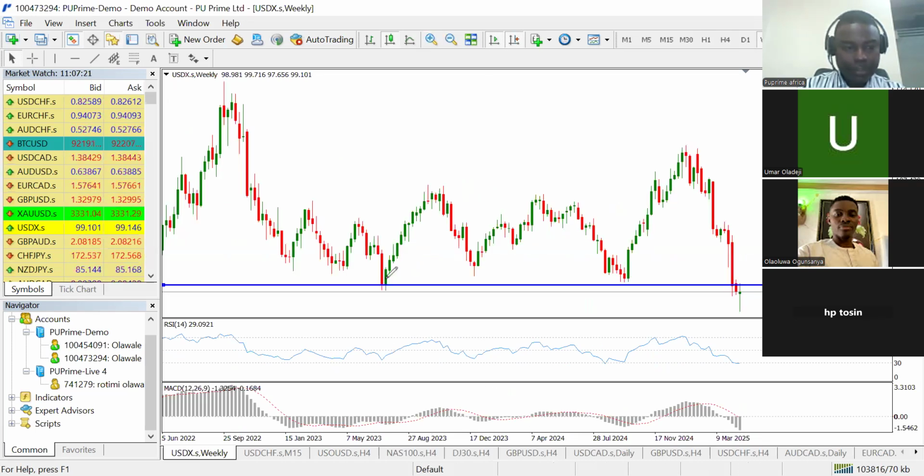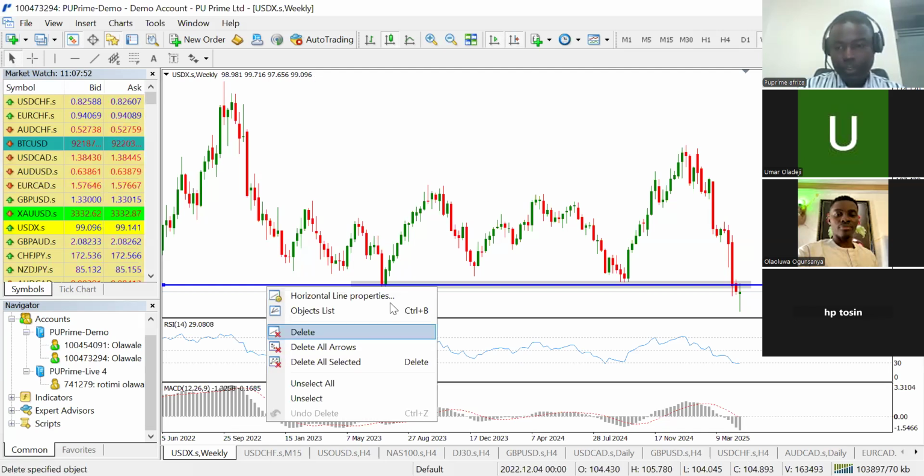This is the support level. This is quite close, so we can make it a support zone. And we can see that price actually broke below that support zone last week.